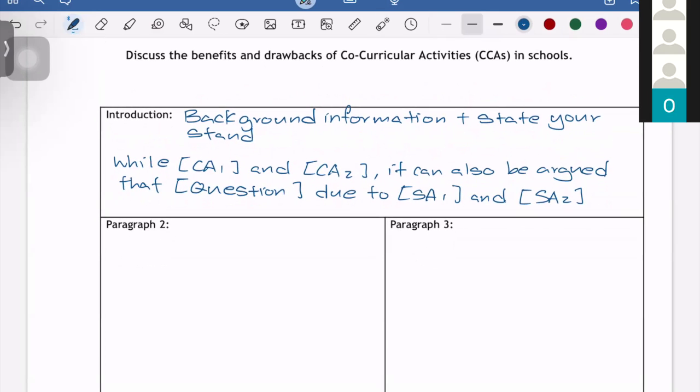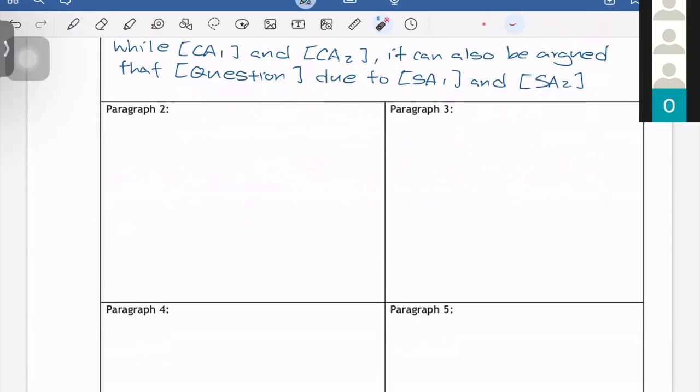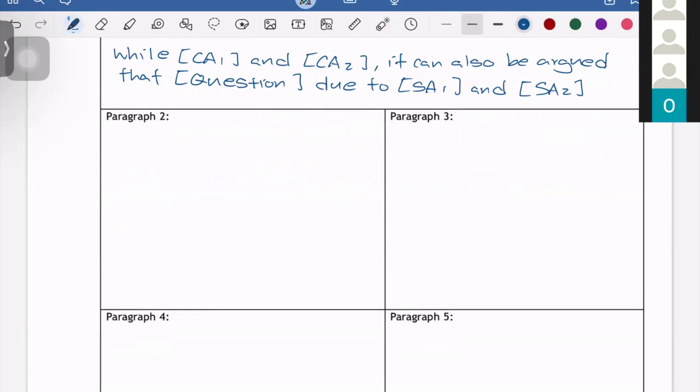So in this case, your question is to discuss the benefits and drawbacks of your CCAs in school. You can dedicate 2 paragraphs to the benefits. So that would be your supporting arguments.